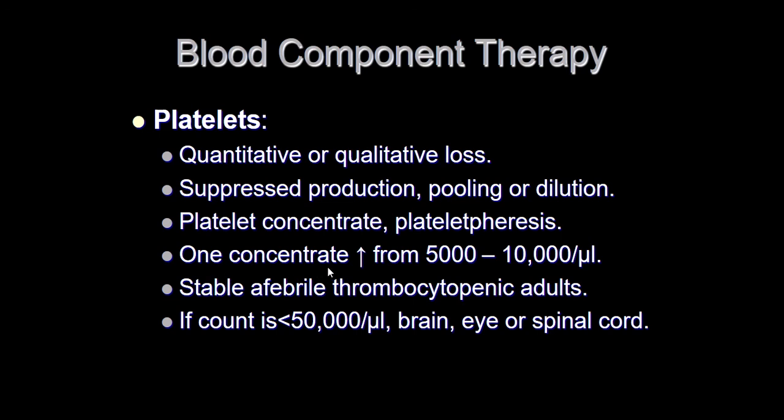We use what we call platelets concentrate, and one concentrate usually increases the platelets number from around 1,000 to 10,000 per microliter. And also the stable, for example, afebrile thrombocytopenic purpura, usually in adults.